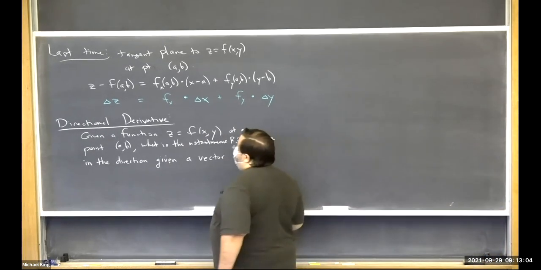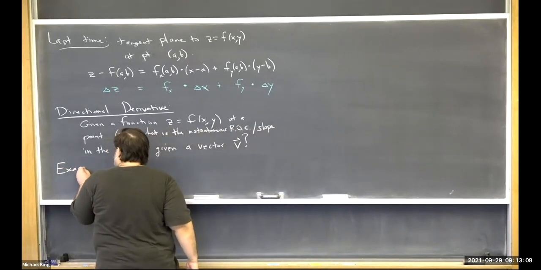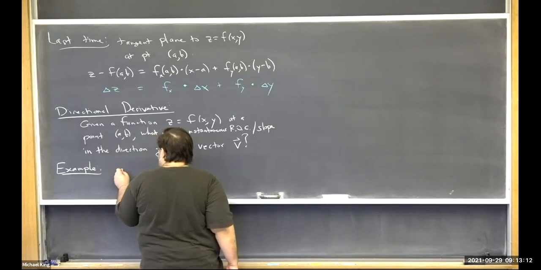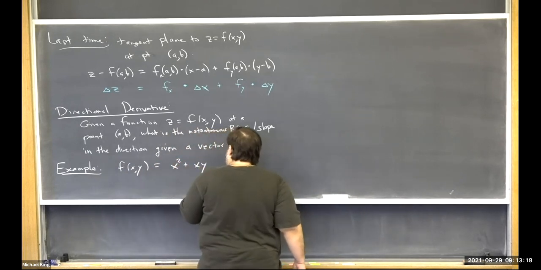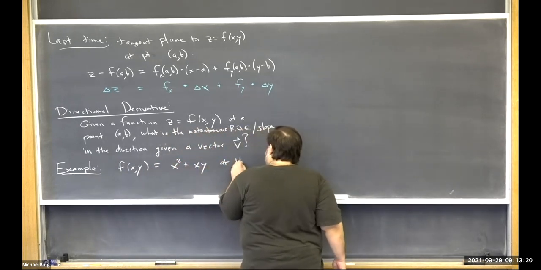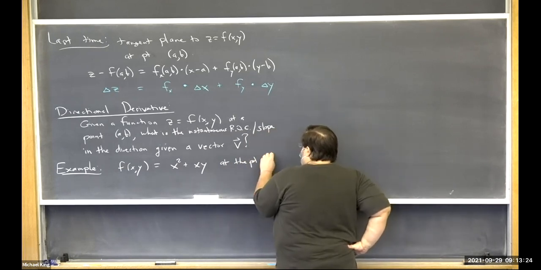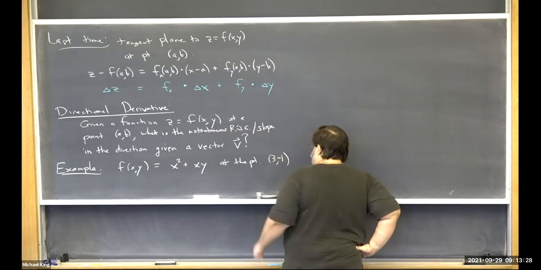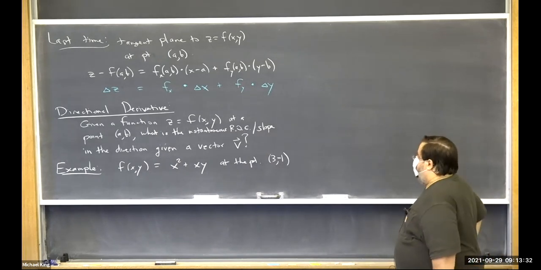So as an example, let's think about something like f of x comma y is, I don't know, x squared plus xy at the point 3 comma 1. All right, let's make it 3 comma negative 1. Make it interesting. Okay.